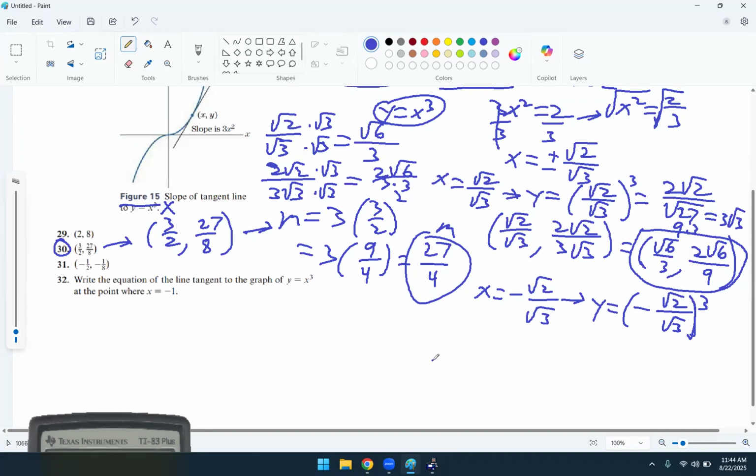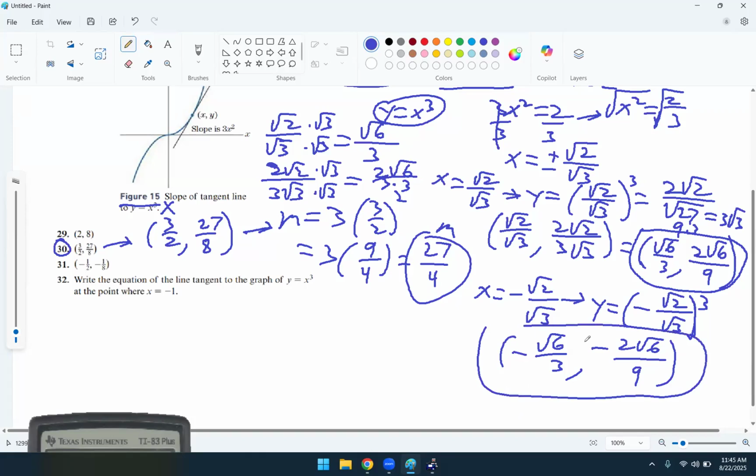So it's the same work, same algebra, so I'm not going to rehash it, but you're going to get negative root 6 over 3 for the x coordinate. Again, you just multiply by root 3, but it's negative, right? So that's why you get the negative there. Again, when you cube a negative number, it stays negative. So this is going to be the same number, except it's negative. So negative 2 root 6 over 9. All right, are you with me on that?